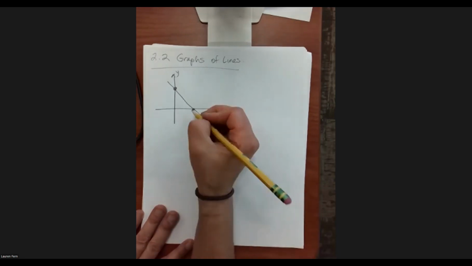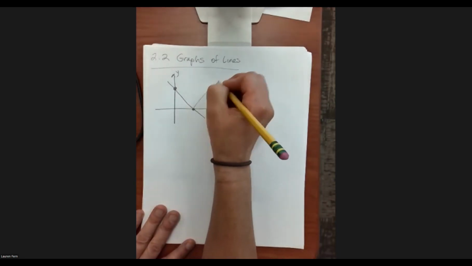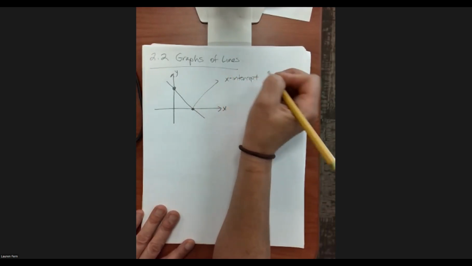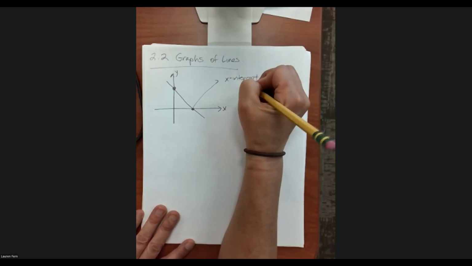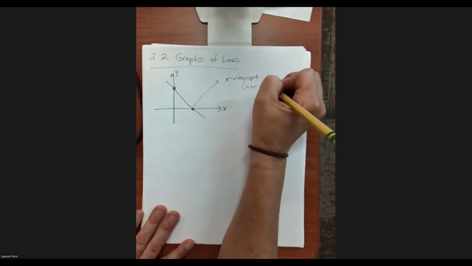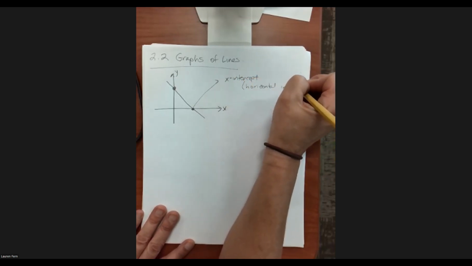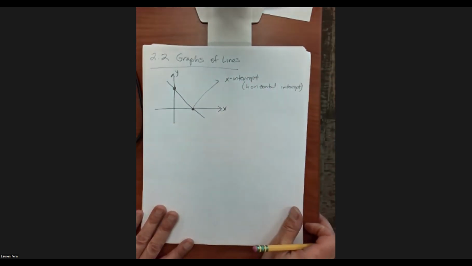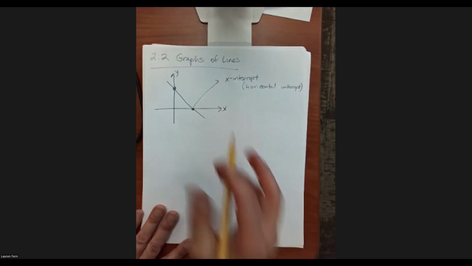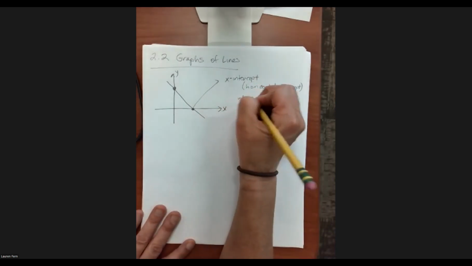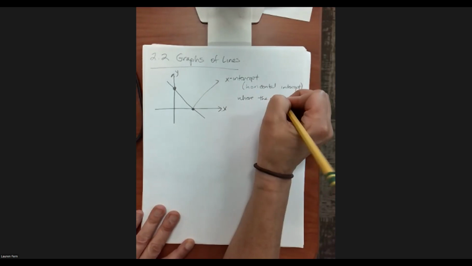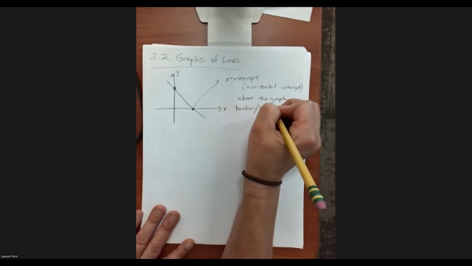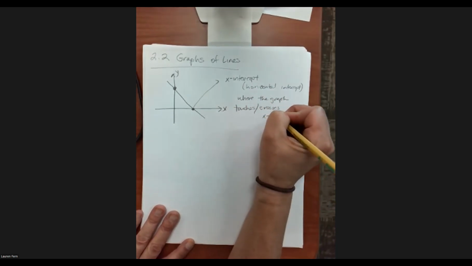This point right here is called your x-intercept. Some books call it your horizontal intercept because it's where it crosses your horizontal line, and we don't always use the variable x. But essentially, it's where the graph touches or crosses the x-axis.